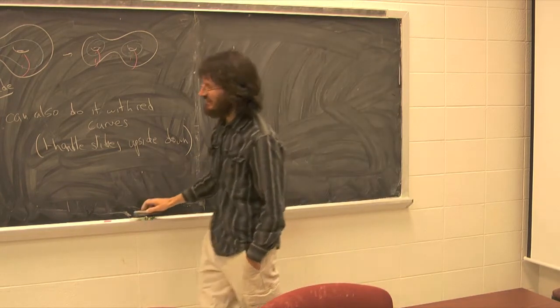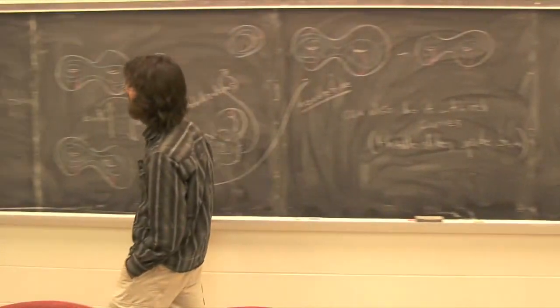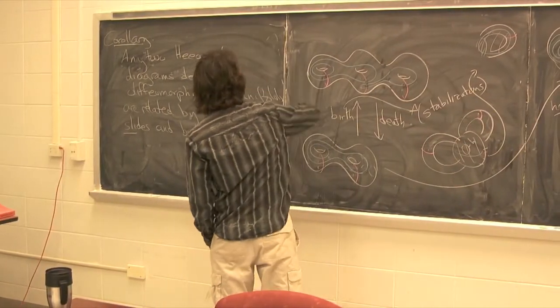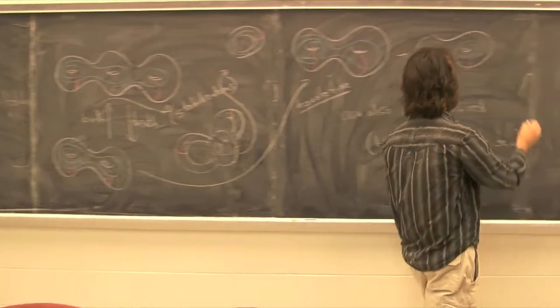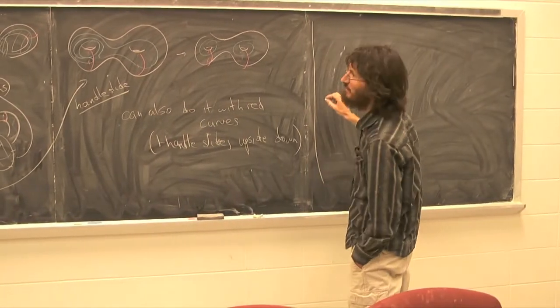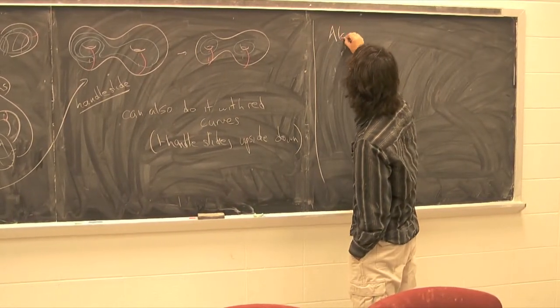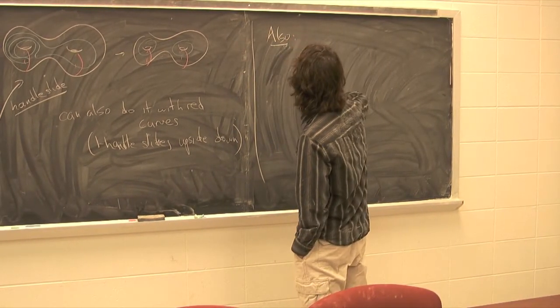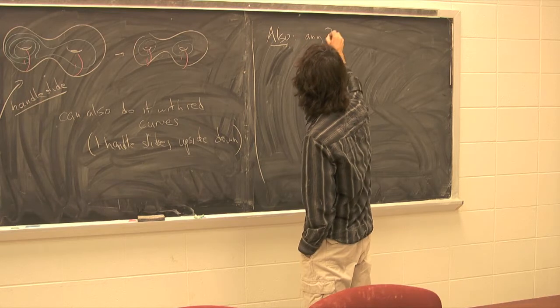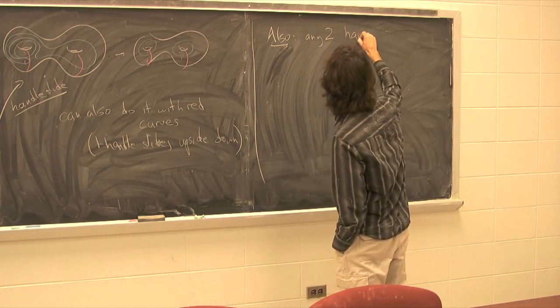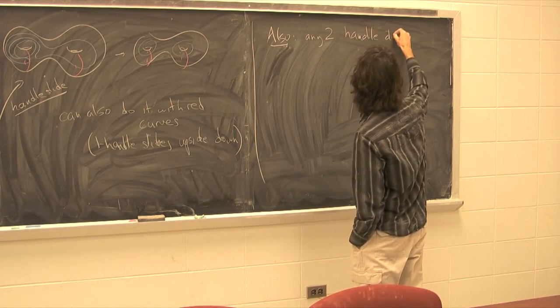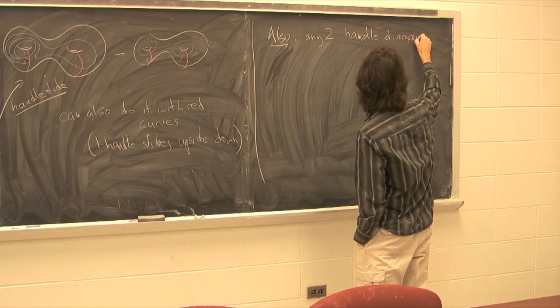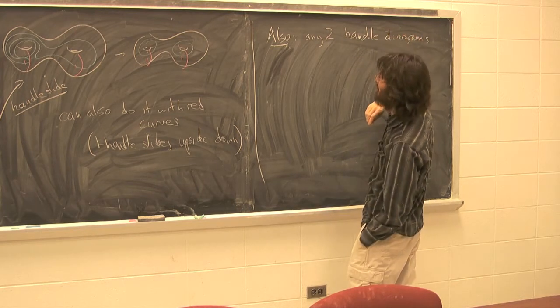But actually, the same corollary is worth mentioning in higher dimensions as well. Also, we can't say it in terms of Heegaard splittings, but maybe two handle diagrams. I'm just going to put together two things we said before.